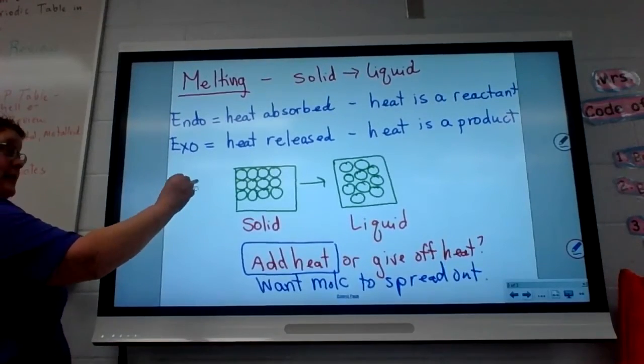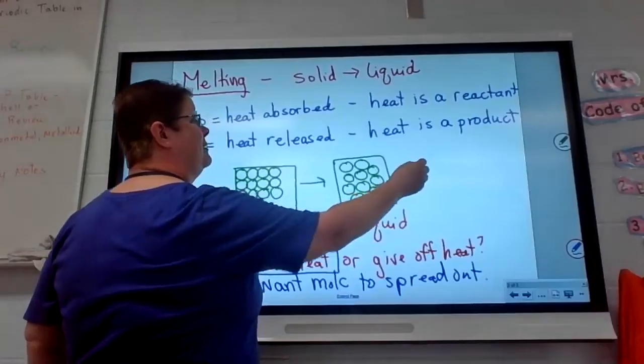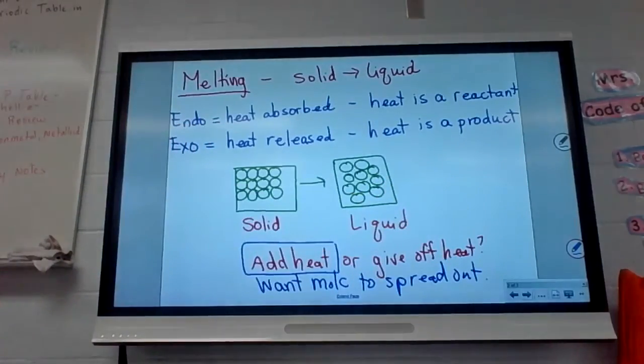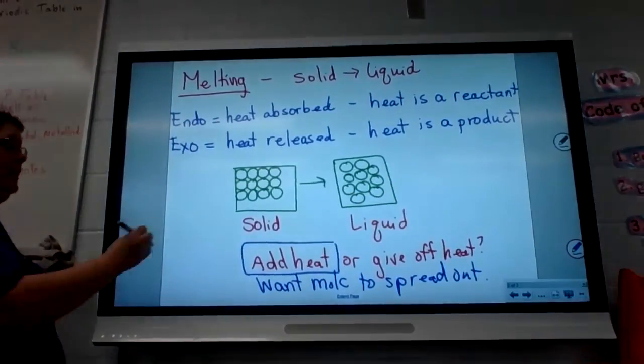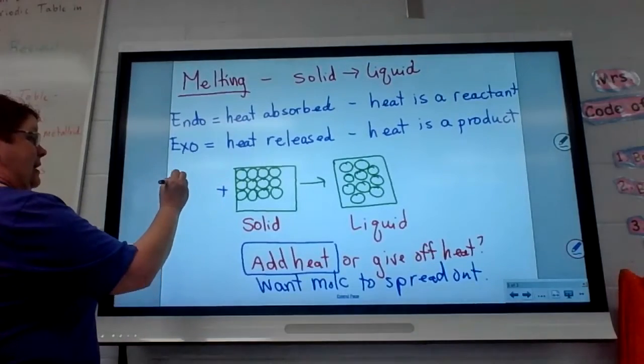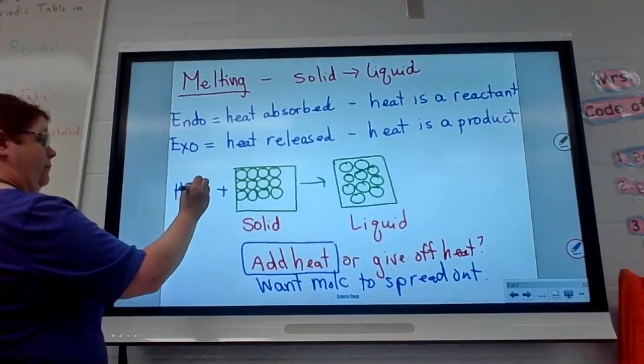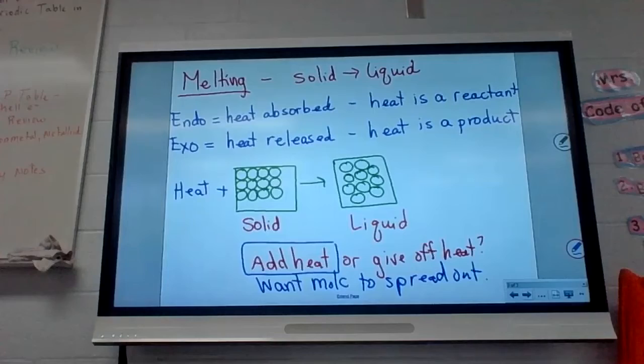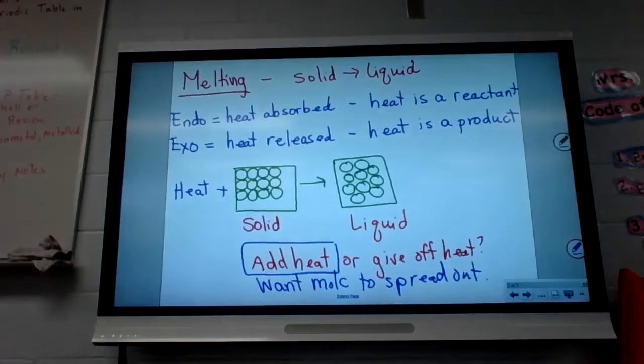Does it go on the reactants or on the products? We're going to add heat here. We could, but we want to see what side it's on in terms of endo and exo.